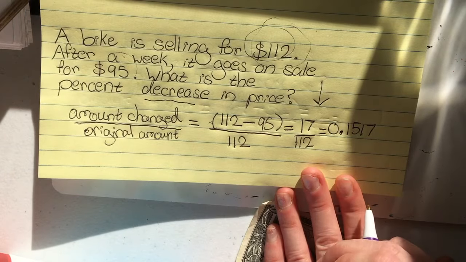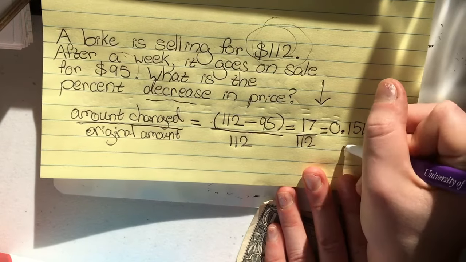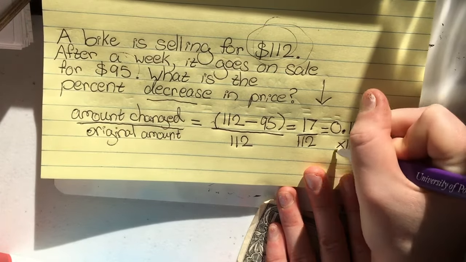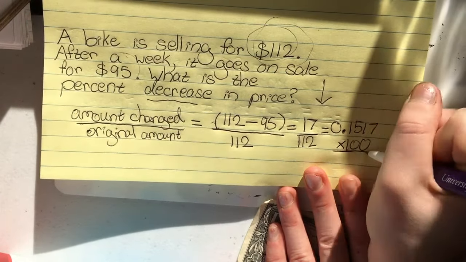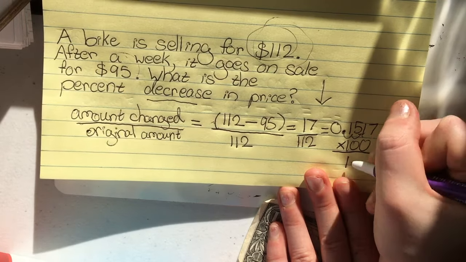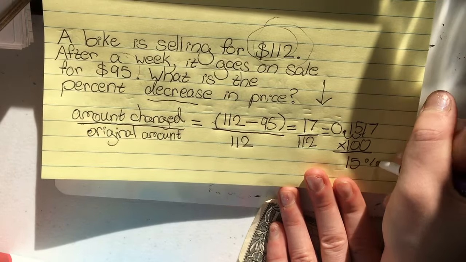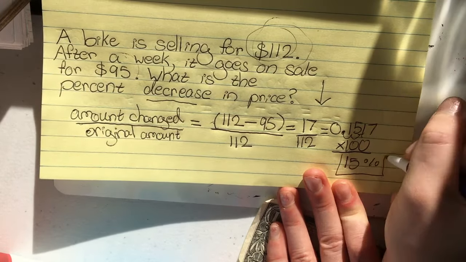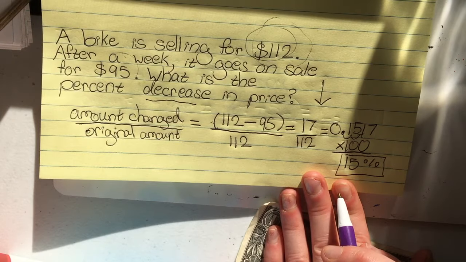And then finally, I will multiply by 100, as we did for our last problem. Move the decimal place over twice, and I'm going to round to just a whole number, which is okay for these percent problems, ending up with about 15%. So, the percent decrease in price was 15% for our bike.